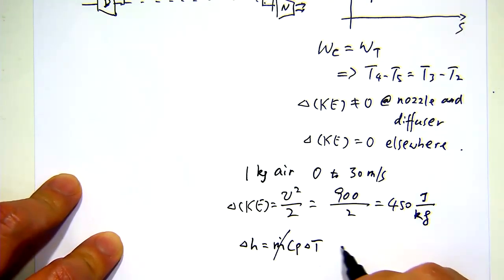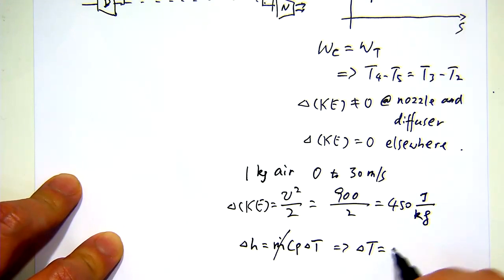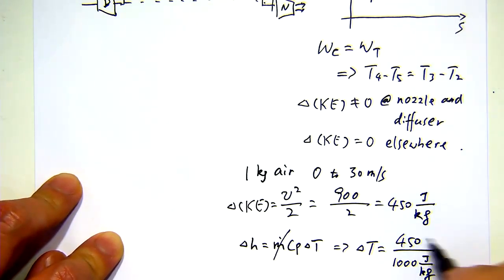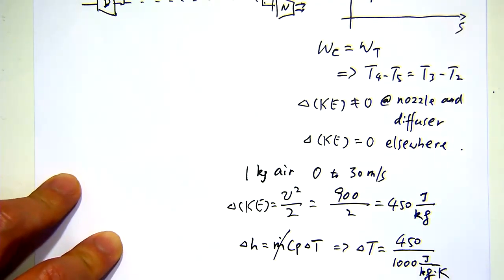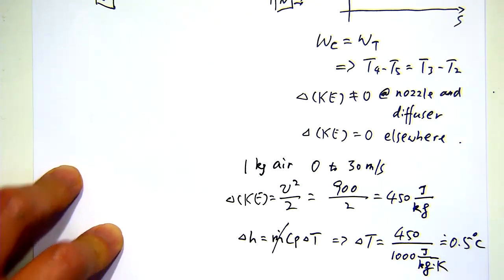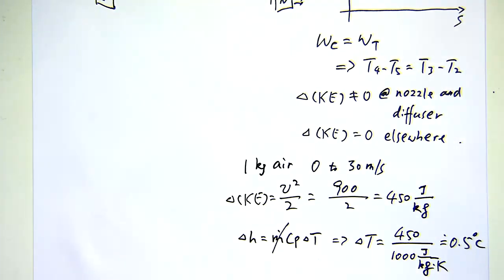So delta T equals 450 divided by the Cp, right? For air, the Cp is typically around 1,000 joules per kilogram per K. So you will find that it will increase the temperature by about half a degree Celsius.